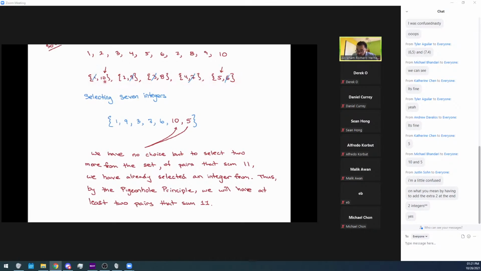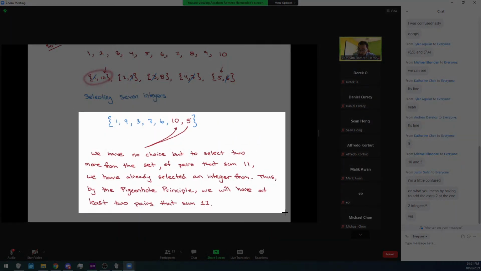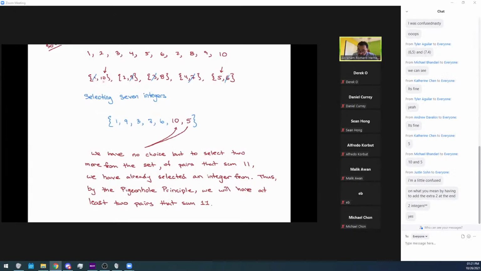But by selecting those 2, they came from a set of pairs that add up to 11. Because one's already selected and now I'm selecting 10, for sure this is going to have 2 numbers that add up to 11. And then because I select 5 and I already selected 6, that's another one that adds up to 11. So I at least have 2 pairs of integers that add up to 11.